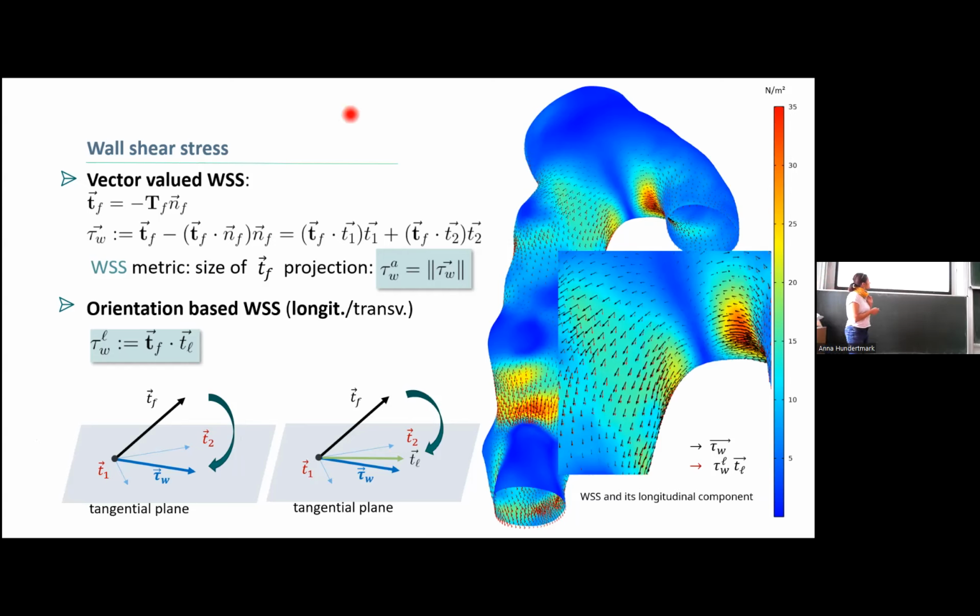Here now for the explanation, this figure. This is a kind of zoom of the bifurcation area of the carotid artery with this red color. Now, look at first at these black arrows. This is the wall shear stress vector, and these red arrows are the longitudinal component of this wall shear stress. It means this is a kind of scalar. So you project this to the longitudinal and transversal, but we took just this longitudinal component.